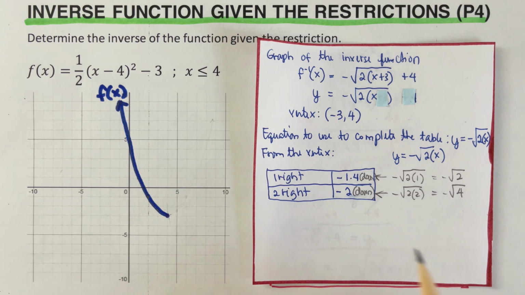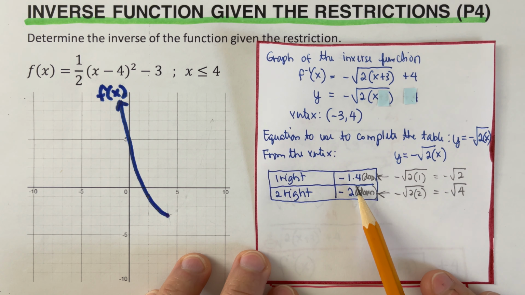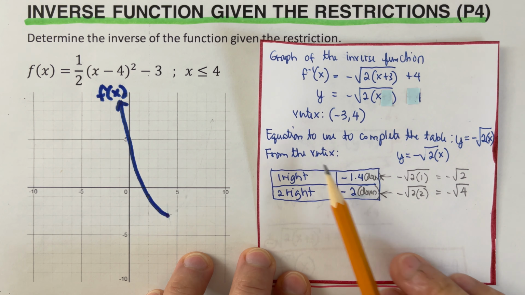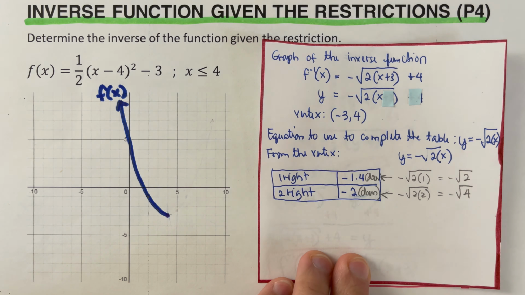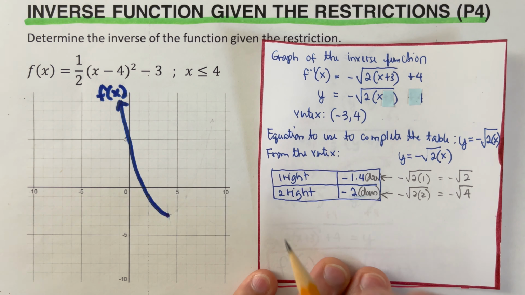Okay, since the value that we got is negative, this means that we are going down from the vertex. So we can go ahead and sketch the graph here. From the vertex, our vertex is at negative 3, 4. So that would be at negative 3 and up 1, 2, 3, 4. So this is where the vertex is going to sit.